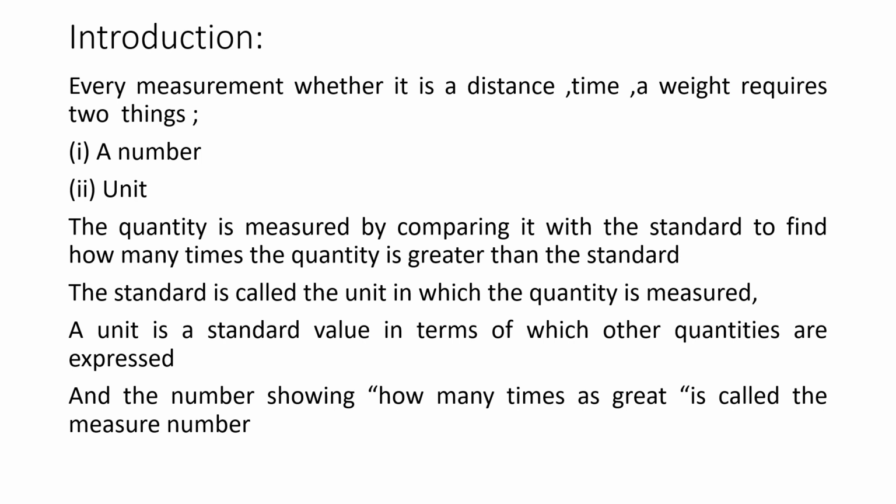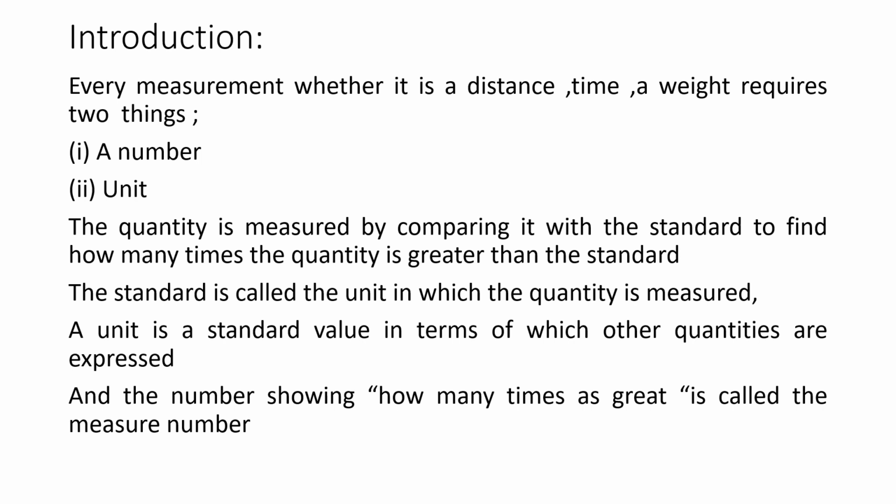The standard is called the unit in which the quantity is measured. So in this example, feet is the unit of length here. A unit is a standard value in terms of which the other quantities are expressed.